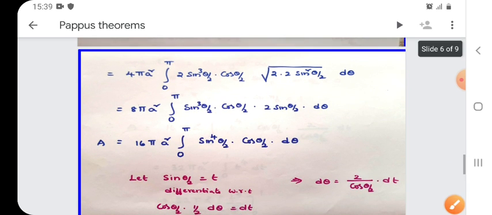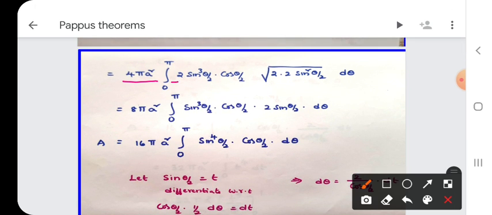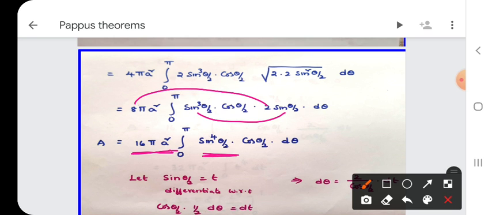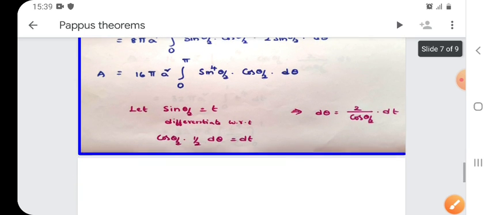Next, 4 pi a square into 2, 8 pi a square sin cube cos, root of 4 sin square theta by 2 is 2 sin theta by 2 d theta. Next, 2 into 8, 16 pi a square sin cube into sin power 4 theta by 2 cos theta by 2 d theta. Now we integrate this one.